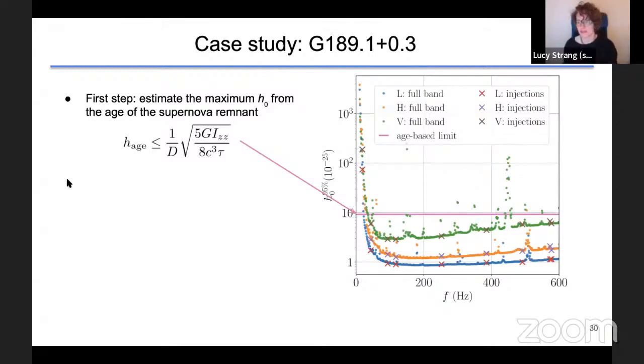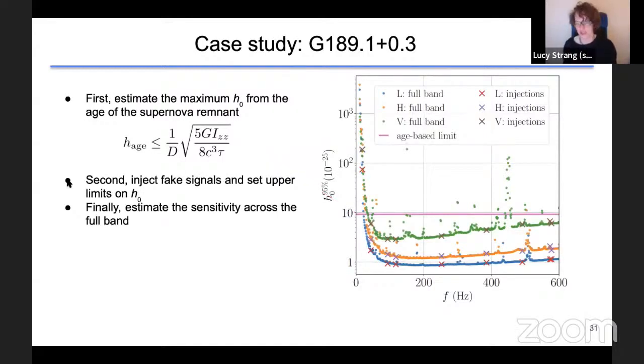If we tap next slide, we'll see a comment about doing injections. What I mean here is we get the LIGO data, and once we've decided that there's no gravitational waves there, we inject fake signals into that data and try and recover them. And based on that, we can set limits. We've done that in this image for 3 detectors, but just one of the signal models.